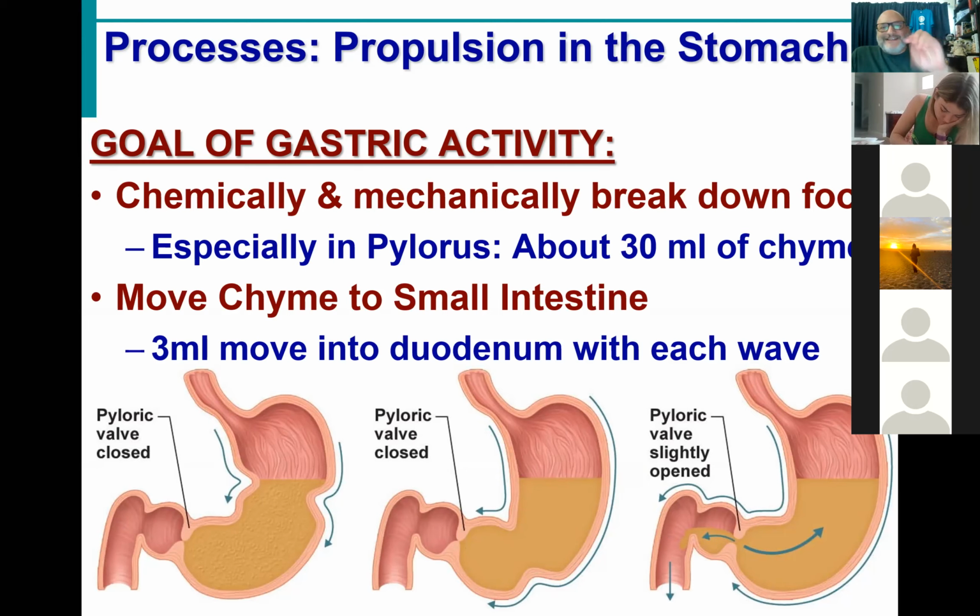So think about how long it takes to empty those 62 hot dogs out of your stomach into your small intestine when you're going 3 milliliters at a time. It is presented to the small intestine so that our small intestine is capable of processing that small amount of food with the maximal efficiency.